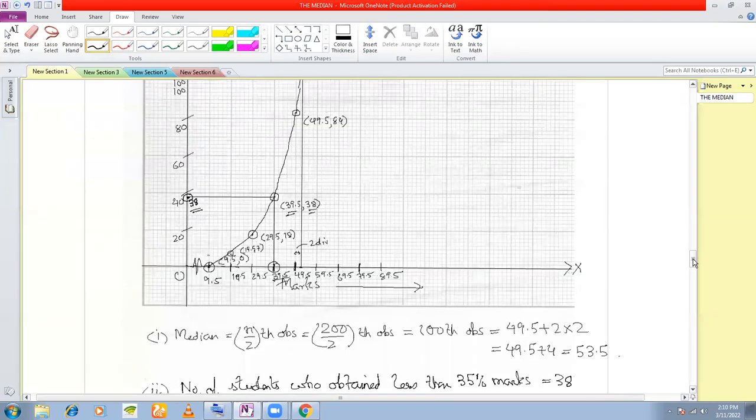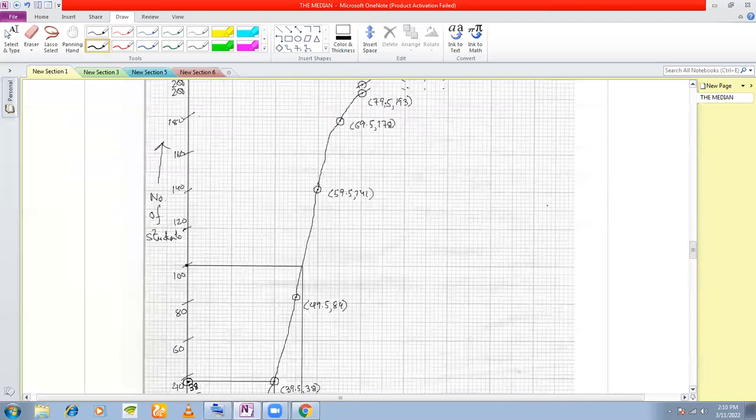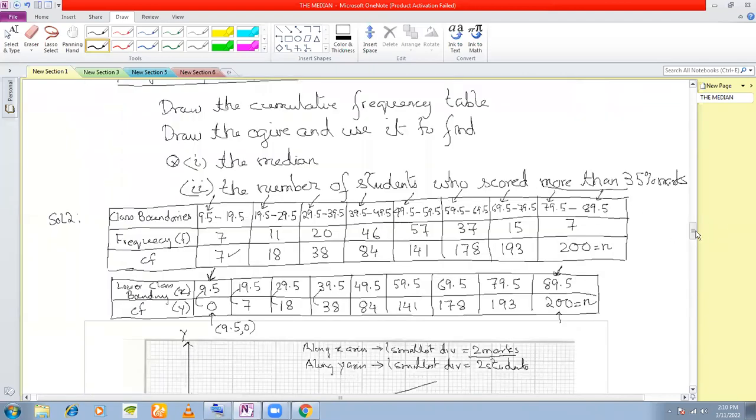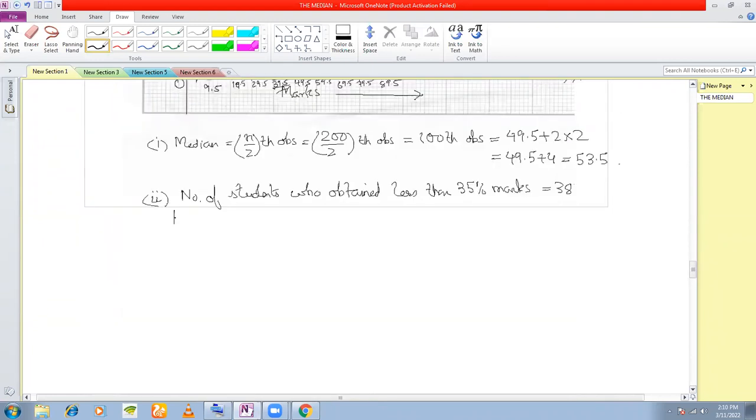But here the question is, you have to calculate the students who have got more than 35% marks, right? So therefore, hence, number of students who obtained more than 35% marks is the total number of students, which is 200, minus the number of students who have scored less than 35% marks, 38.